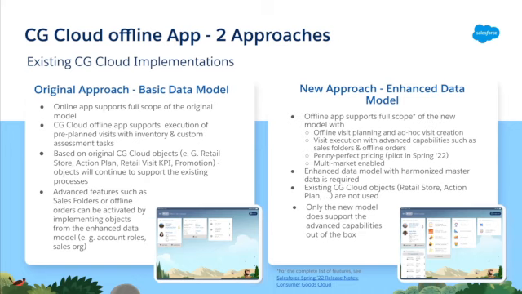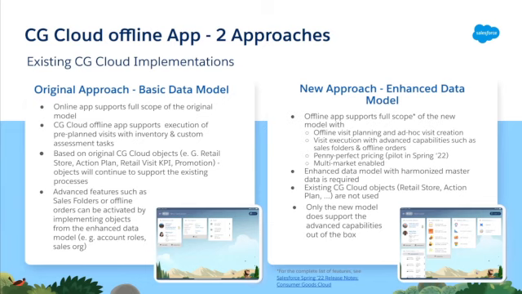So the scope of the offline application is mainly to execute pre-planned visits, including inventory and custom assessment tasks. And as I mentioned before, the existing data model, including retail store, action plan, standard promotion, retail visit, KPIs, etc., are used for this application.